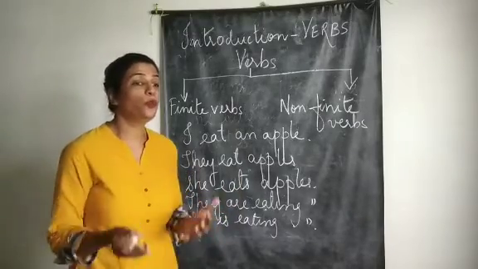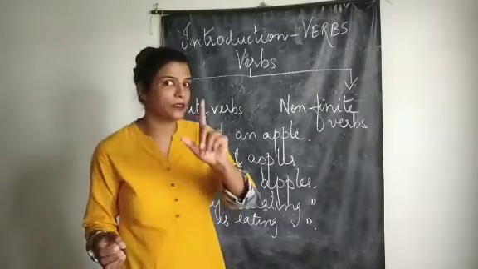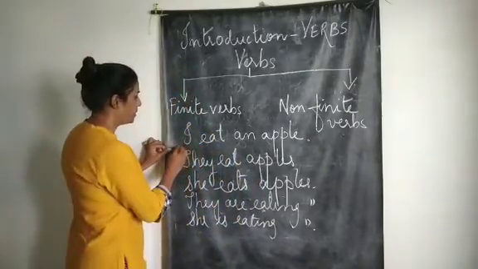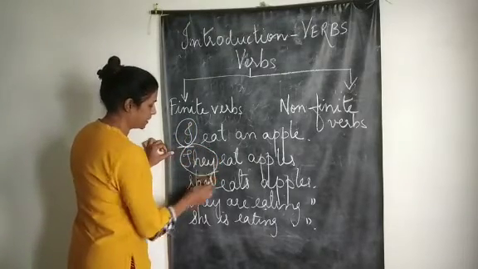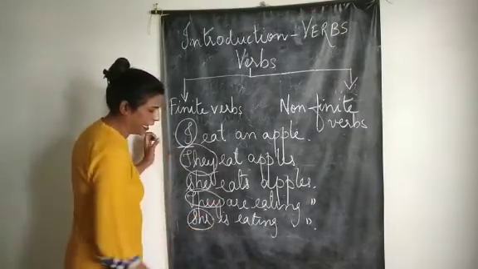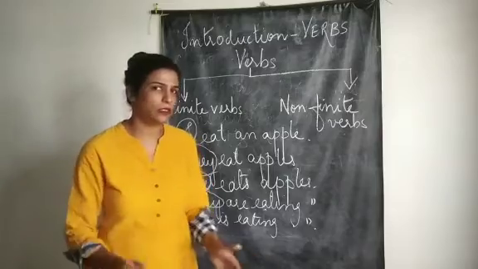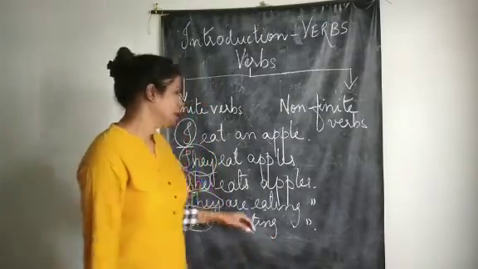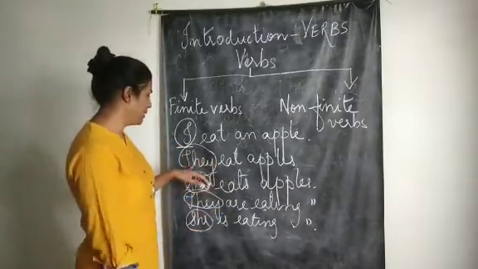Now I will teach you why did I term verbs as finite verbs. Whatever I will be underlining or circling are the subjects. Subjects are nothing but the doers of the action. If there is an action in the sentence, about whom we give information is the subject. Let's first see the second example and then we'll get back to the prior one.